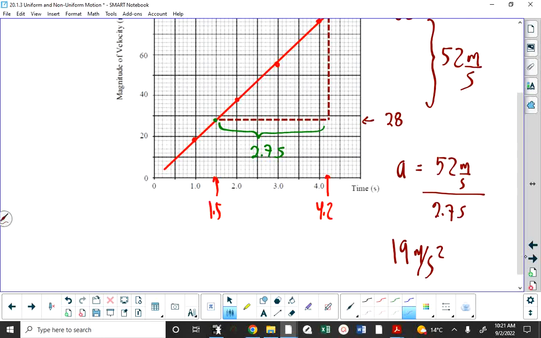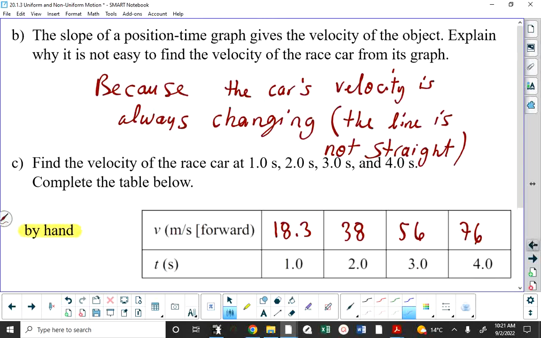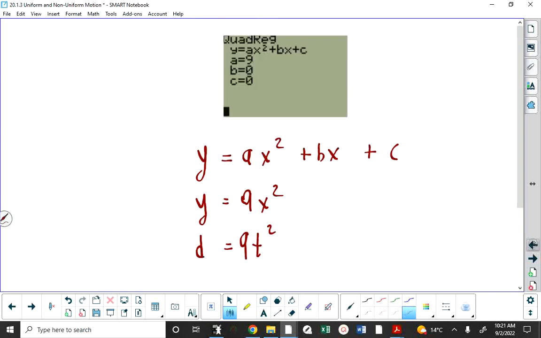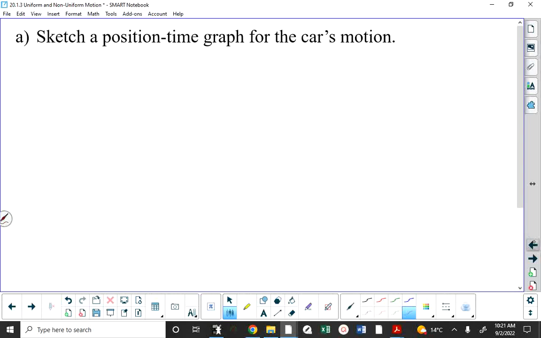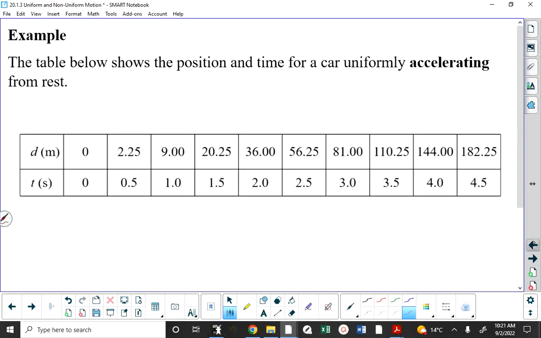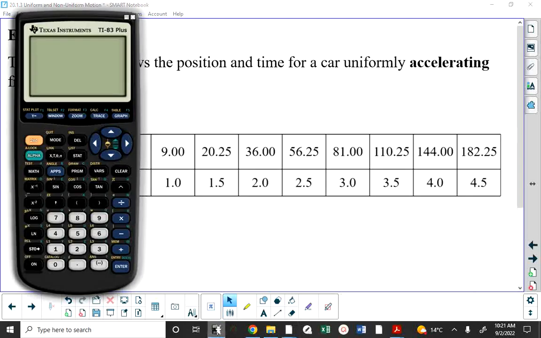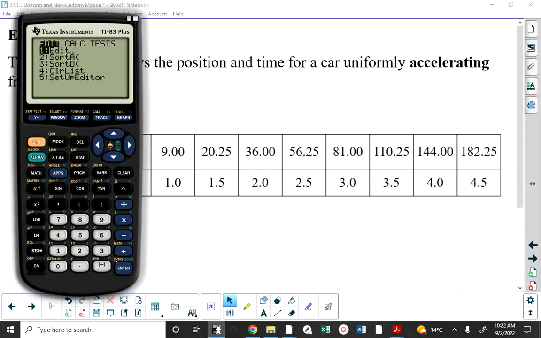But then what we said is, instead of doing that, and this is where I want you to really focus, we could put this data into our calculator, and I think I still have my data in here. I do. We could put the data into the calculator.